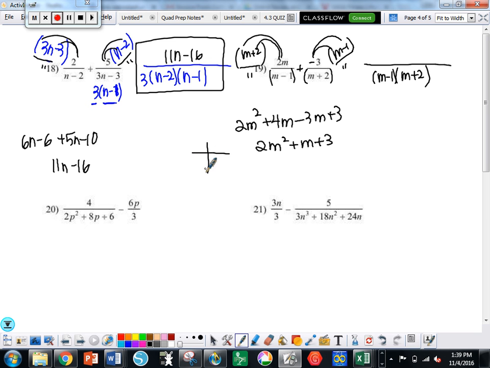Is it possible to have two numbers multiply to 6 and add to 1? Well, 6 and 1 when it works, 2 and 3 would if that was negative, but if that's negative, it does not multiply to 6, so it does not factor, which means your answer is 2m squared plus m plus 3 all over that.